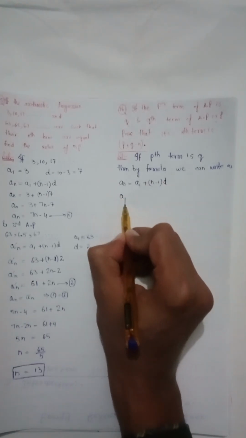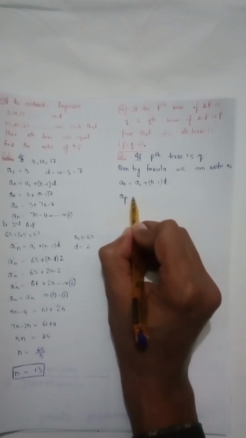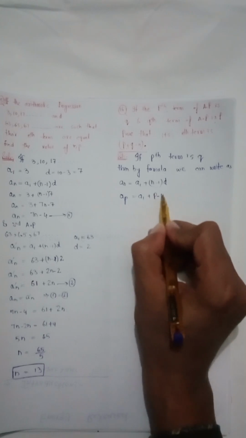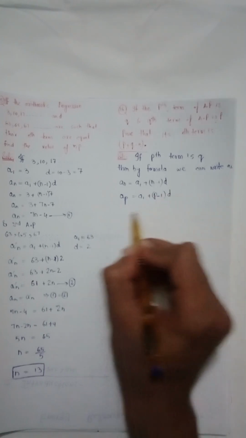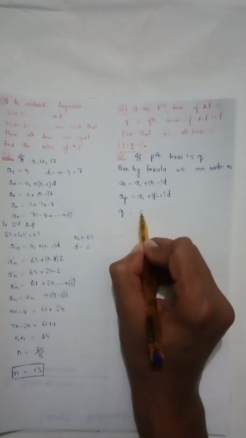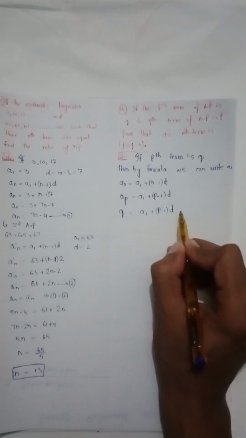Here the pth term equals a1 plus p minus 1 into d. This is q.